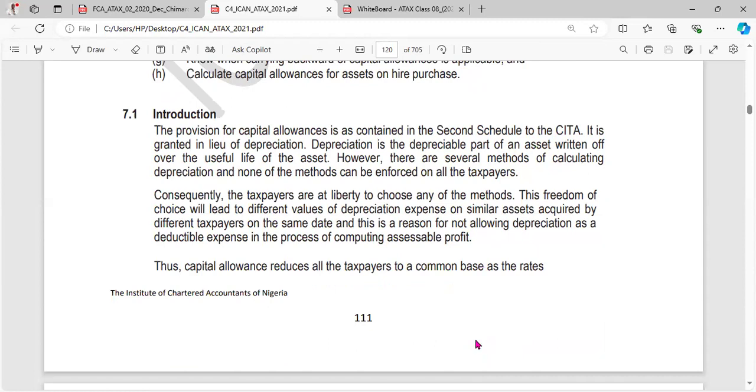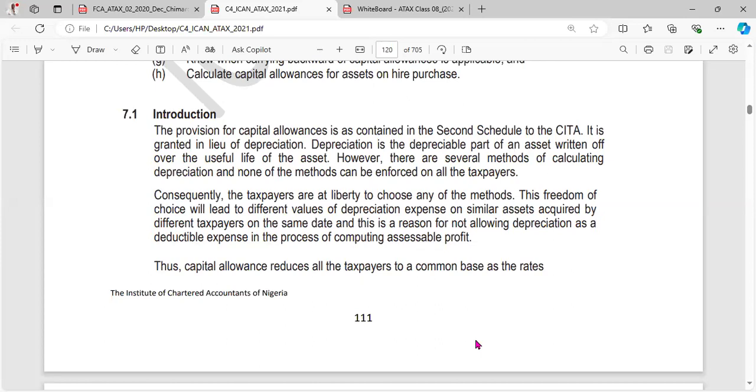When we say in lieu of something, it means instead of that. So depreciation is a disallowable item for tax purposes, and instead of this disallowable depreciation, we use capital allowance.